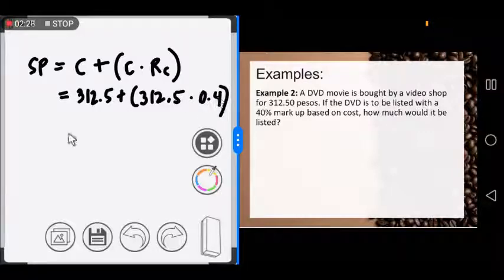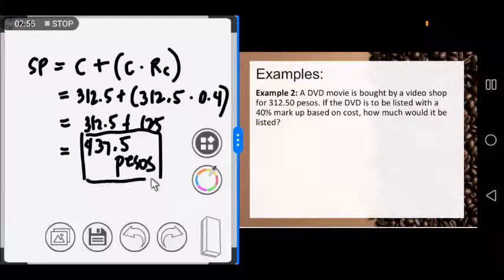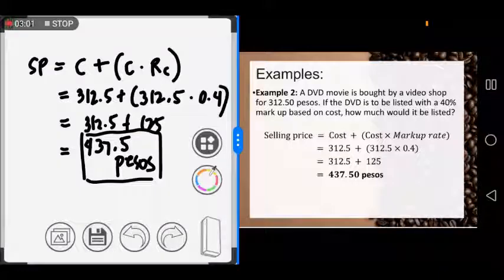Multiplying the two, we have 125. Then, add it to 312.5. Therefore, our answer will be 437.5 pesos. So, this is our selling price. Let's add the peso sign since this is money.